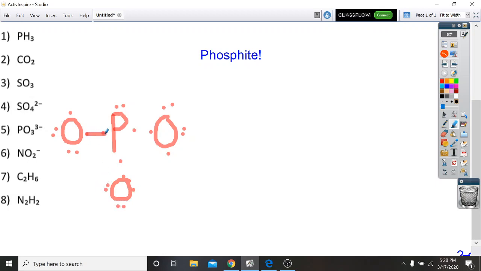So here I'll go 1, 2, 3 single bonds, and then I'm going to add the 3 electrons.